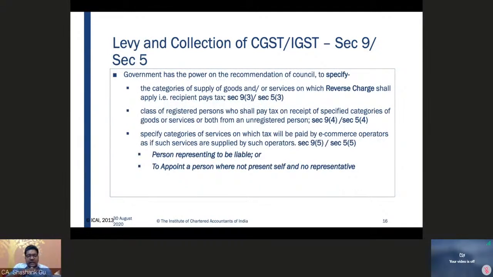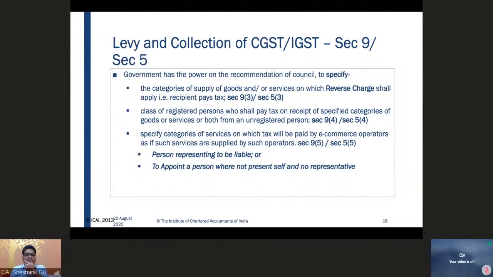Of course, there was a daily threshold, but I'm not going into that because that is an old thing, not part of your course. So this is slightly unreasonable, and that is why it was suspended in 2017 itself. And as on date, while this section is applicable, it has a very limited applicability. So what is that applicability? What is the transaction covered?